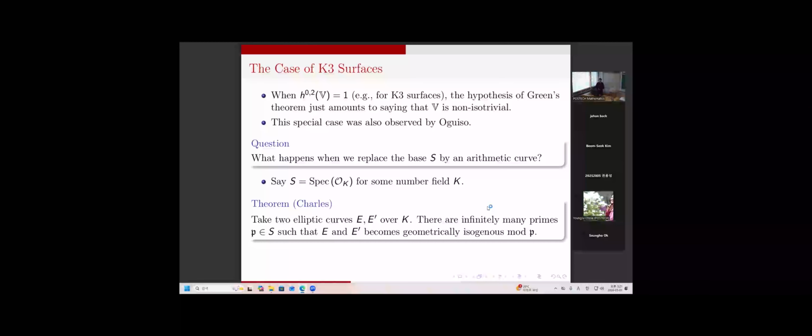So geometrically isogenous means they're isogenous after base change to the algebraic closure of the residue field. What's isogenous?